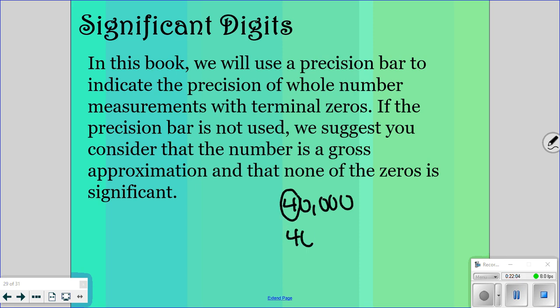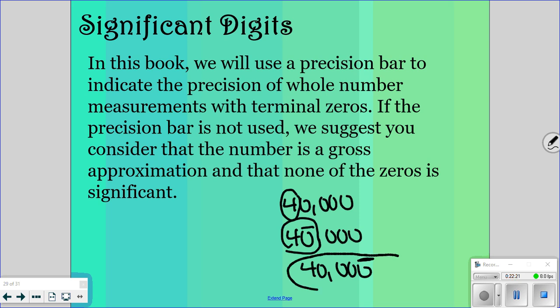If you have 40,000 with a bar over the first zero, you have 2 sig figs because that precision bar tells you that zero is significant. If you have 40,000 with a bar at the end, that means that all of them are significant because it's telling you it's precise to that number. So that's what the precision bar looks like.